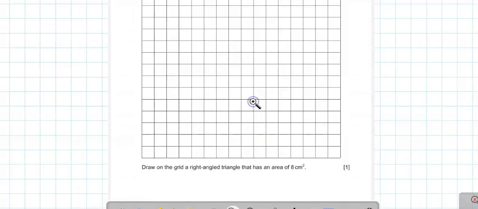Next, in this grid of 1 centimeter squares, draw a right angle triangle with area 8. We know that the area is two numbers multiplied by each other, divided by 2, gives us the value. So we need two numbers. When we multiply them together, then divide by 2, gives us 8.